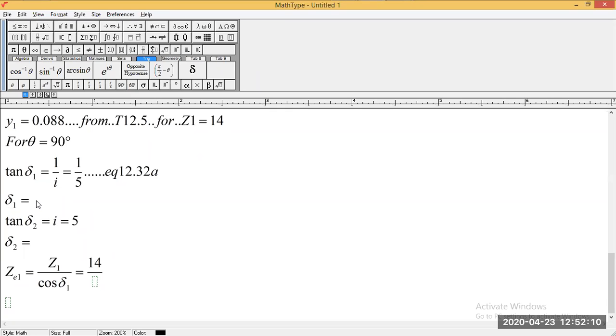Okay, delta 1 we have, 11.31 degrees. And what about delta 2?